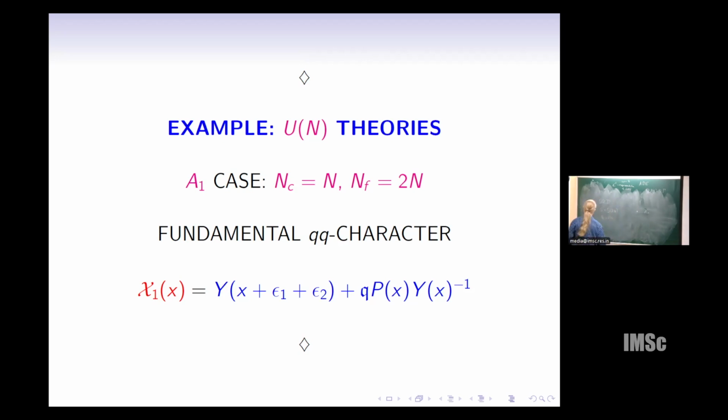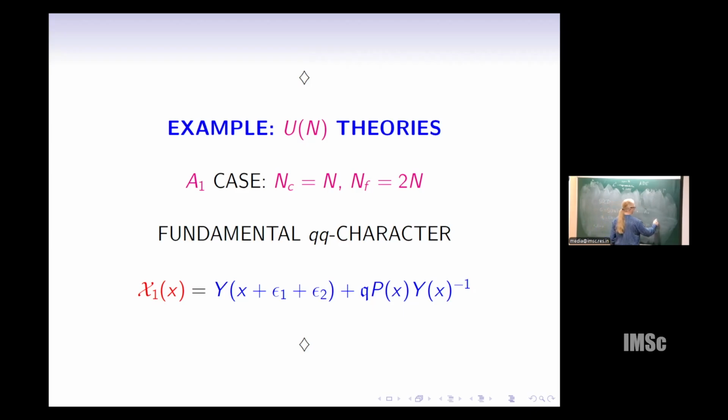In the limit epsilon 1, epsilon 2 to 0, the Dyson-Schwinger equation becomes an algebraic equation, which says that Y of X plus Q over Y of X is a polynomial in X of degree 2N.